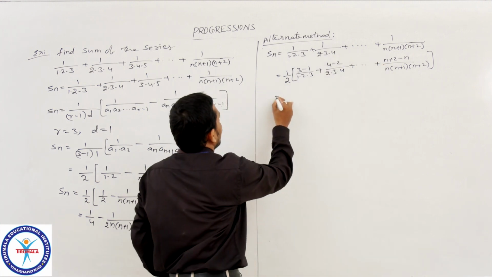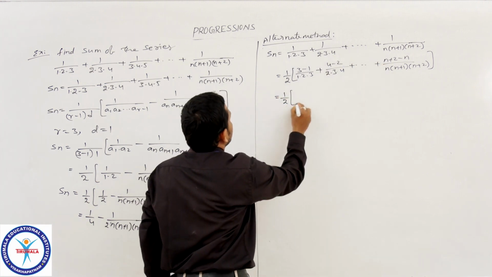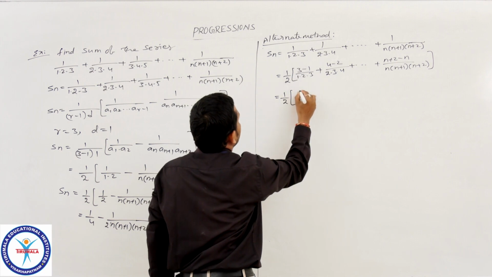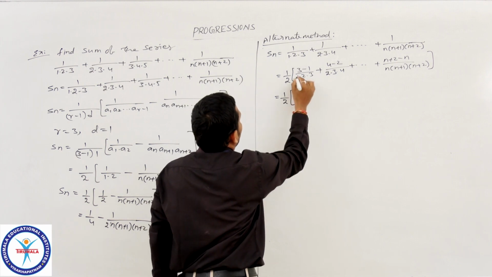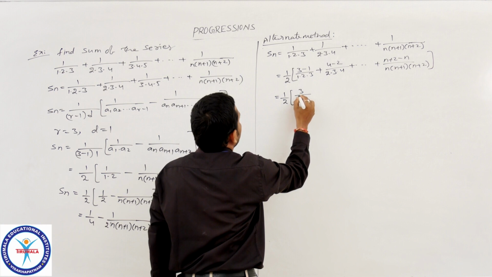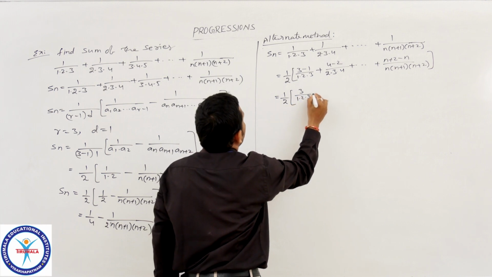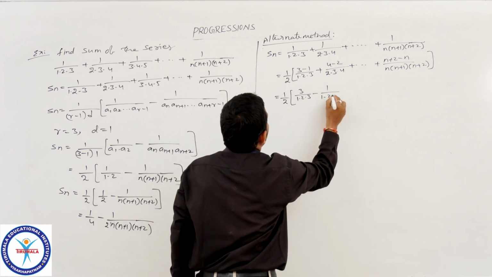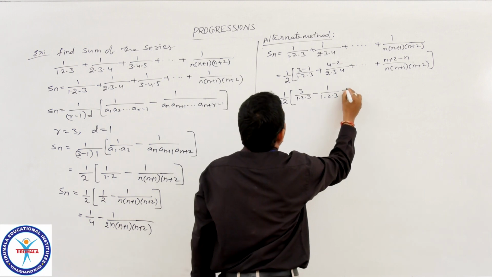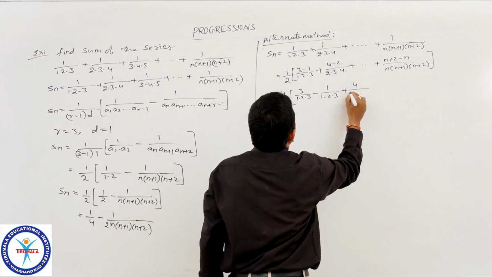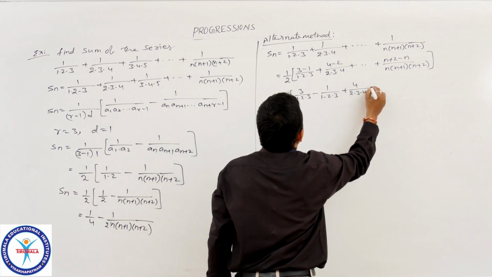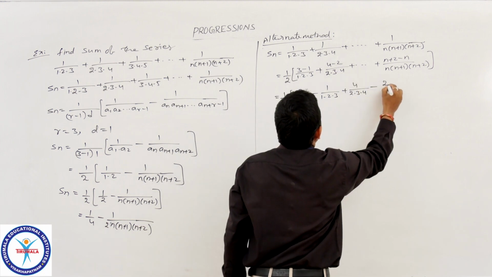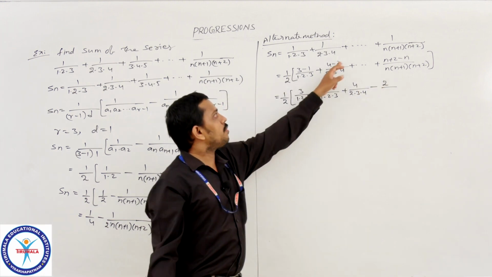So now we can split the division. So this can be written as 3 by 1 into 2 into 3 minus 1 by 1 into 2 into 3 plus 4 by 2 into 3 into 4 minus 2 by 2 into 3 into 4, you should not take 4 minus 2.